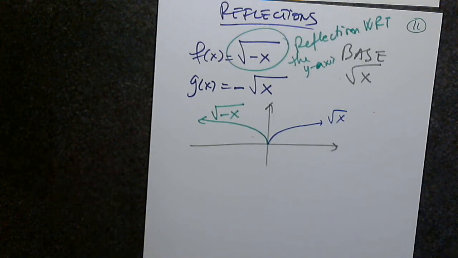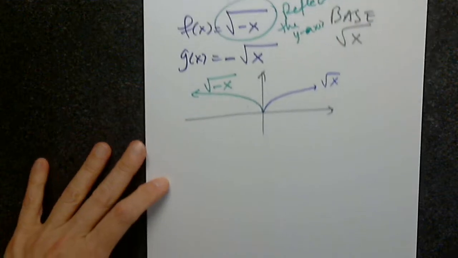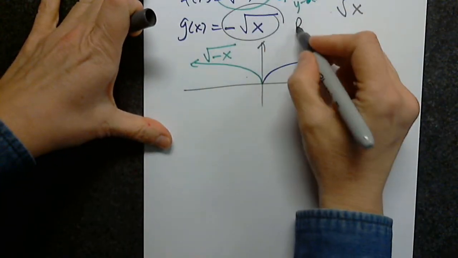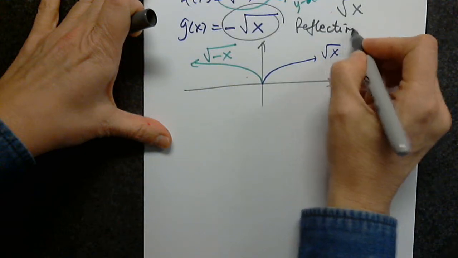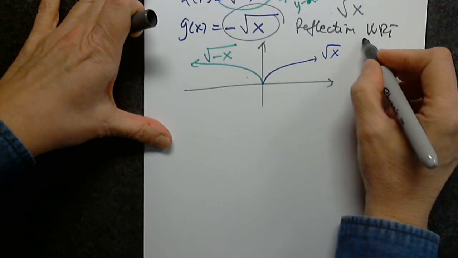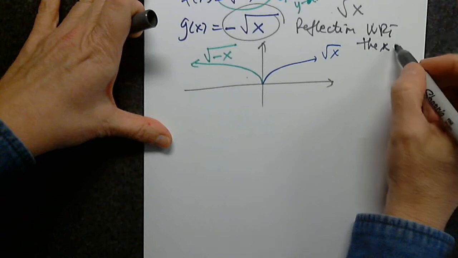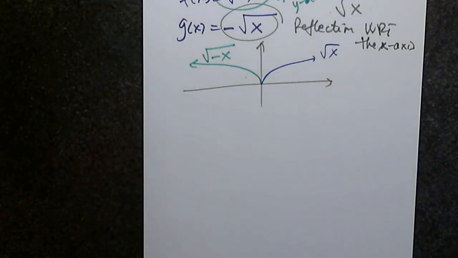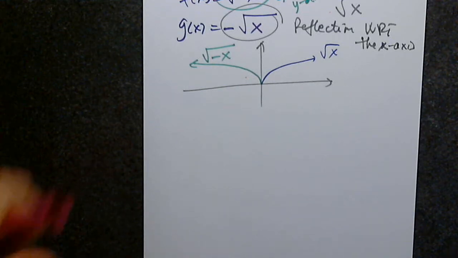What am I doing now to this graph? Well, I'm reflecting it with respect to the x-axis. So this is a reflection with respect to the x-axis. So let's graph it. Here it is.